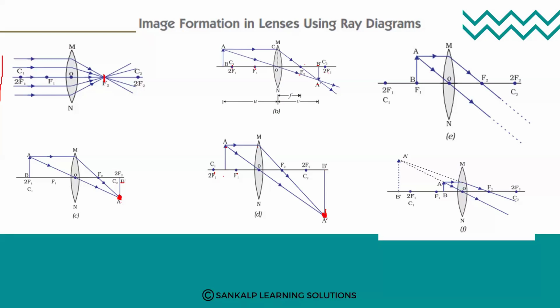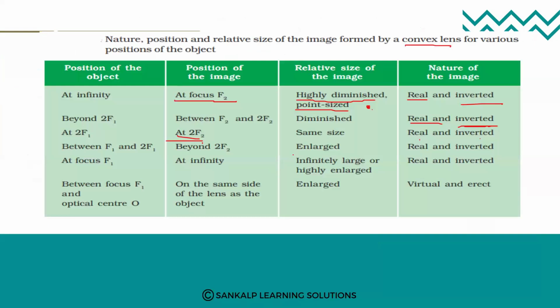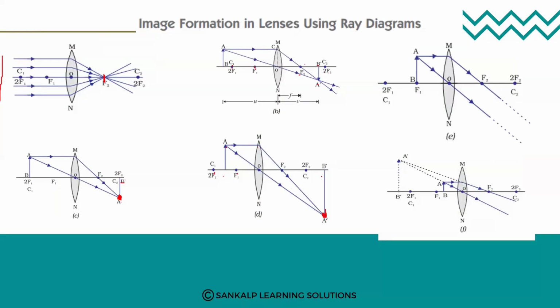You can see it below, right? So we get an inverted image. And this is beyond 2f2. Where is our image now? Beyond 2f2, right? That means beyond 2f2 and it is enlarged. See here, this image is bigger than the previous image. That means we are getting an enlarged image.